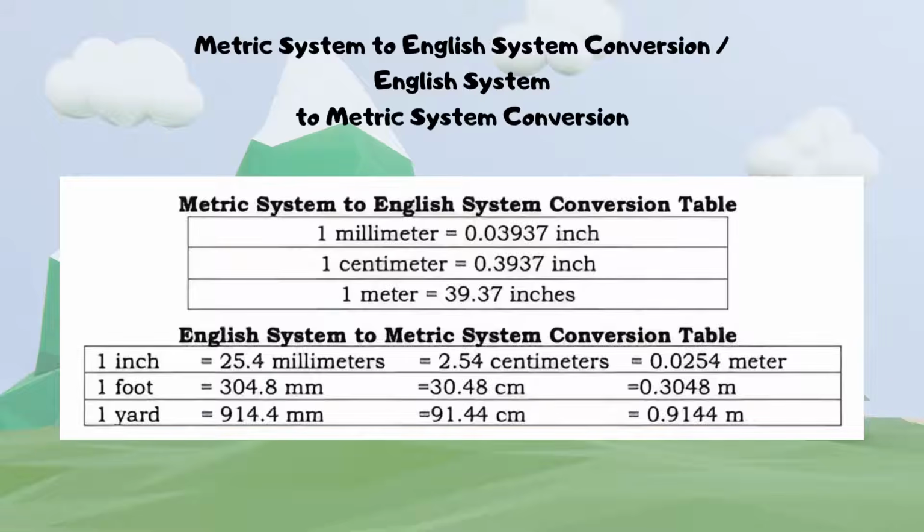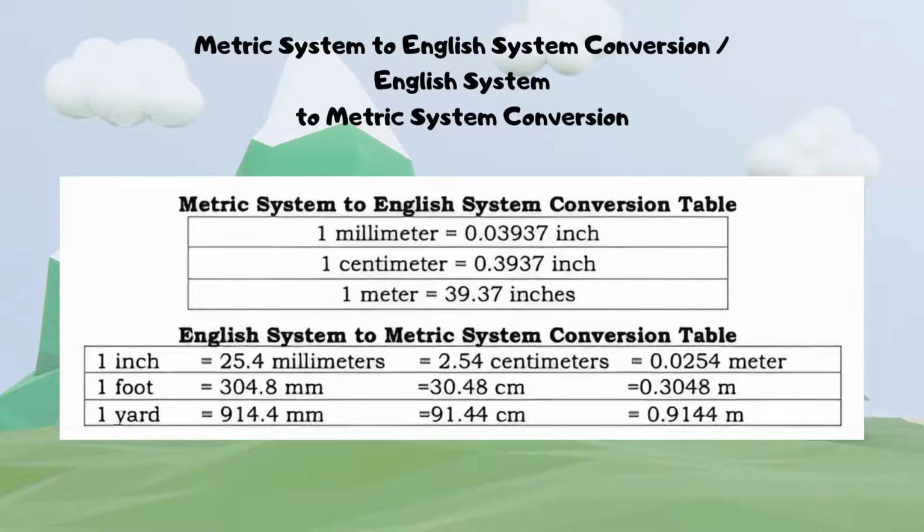English system to metric system conversion table. 1 inch equals 25.4 millimeters equals 2.54 centimeters equals 0.0254 meter. 1 foot equals 304.8 millimeters equals 30.48 centimeters equals 0.3048 m. 1 yard equals 914.4 millimeters equals 91.44 centimeters equals 0.9144 m.